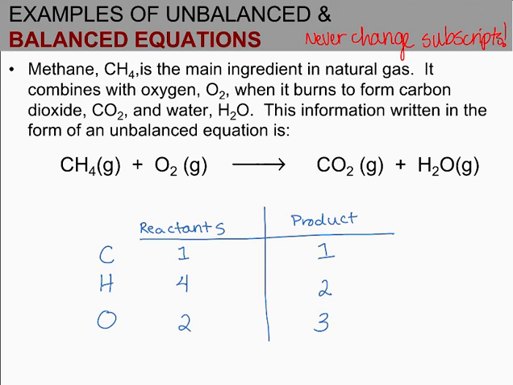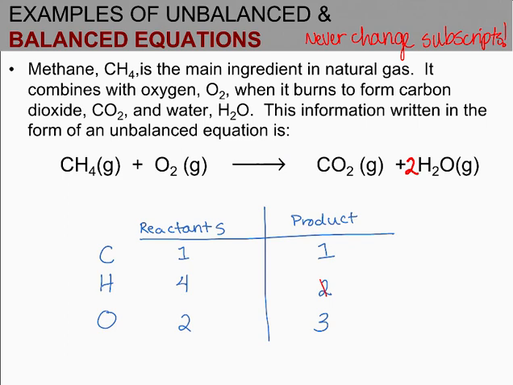Okay, so if we want 4 hydrogens on the right-hand side, let's multiply H2O by 2. So we're adding a coefficient of 2 in front of H2O. And that essentially doubles everything that we have for H2O.